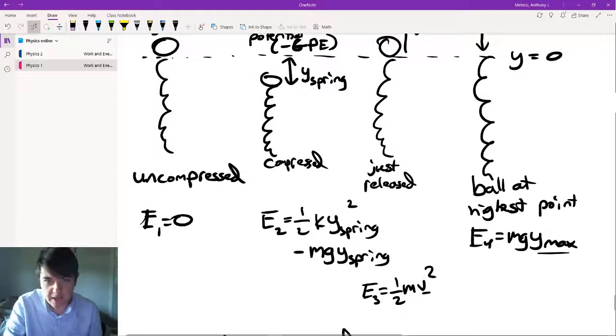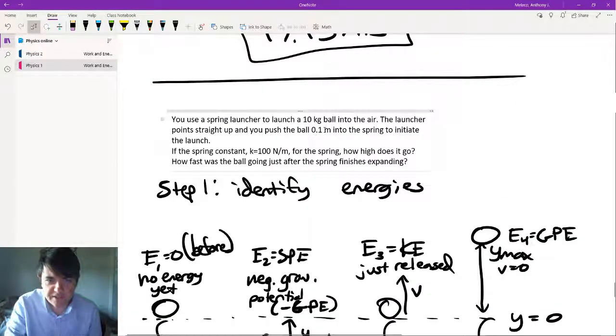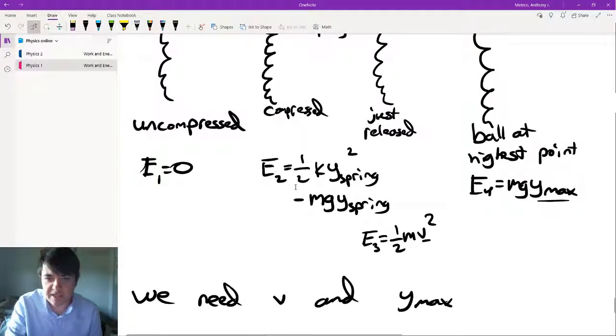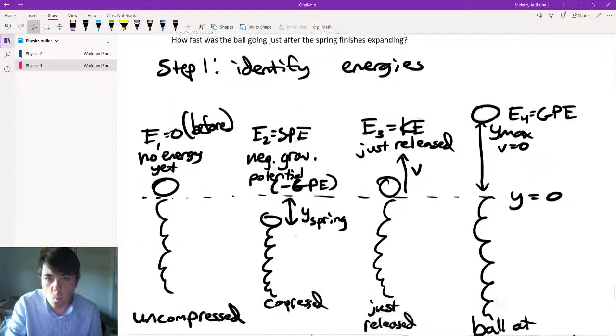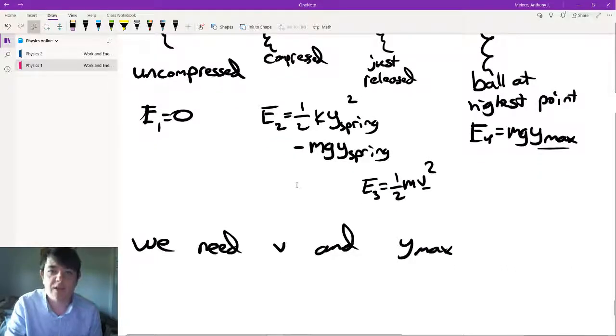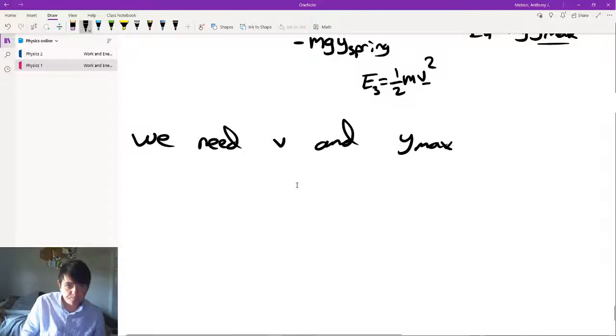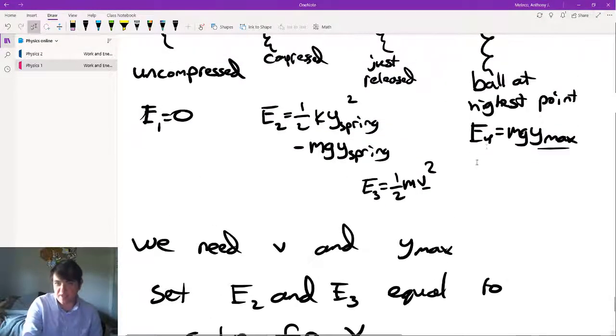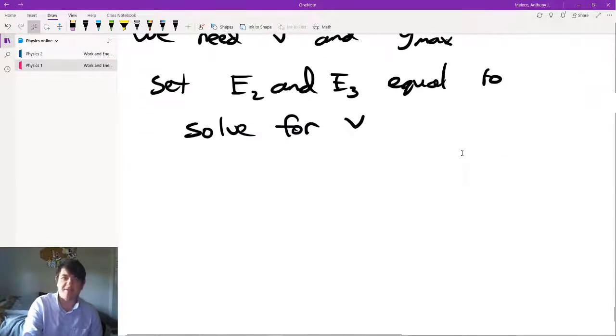So we're given k. We're given how much it's compressed. I believe we can solve this by just setting E2 and E3 equal to solve for v. And then when we have that, we can set E3 and E4 equal, and that will make it really easy to solve for y max.